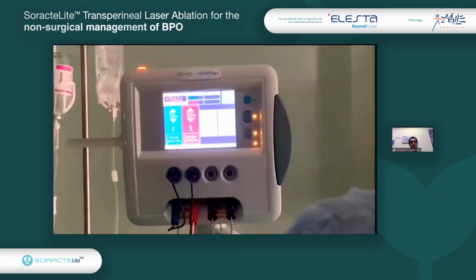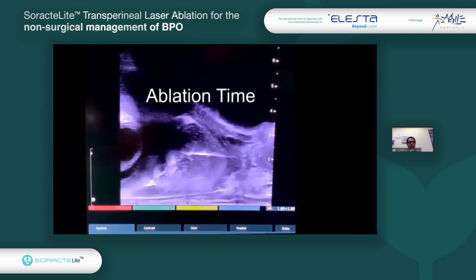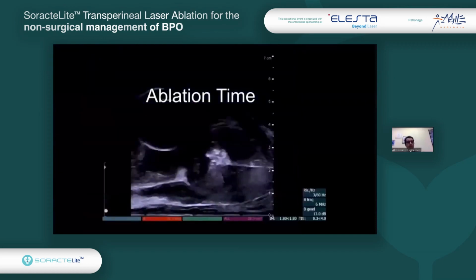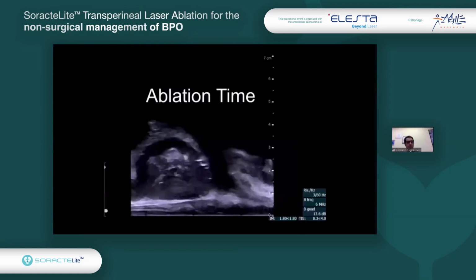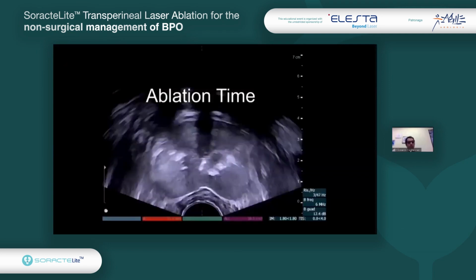After that, we perform the treatment using 3 watts of energy for at least 1,800 joules for each lobe. During the ablation, you can clearly see some artifacts, hyperechoic areas appearing on the screen in both the longitudinal and transversal views, showing that you are correctly treating the adenoma of the prostate.